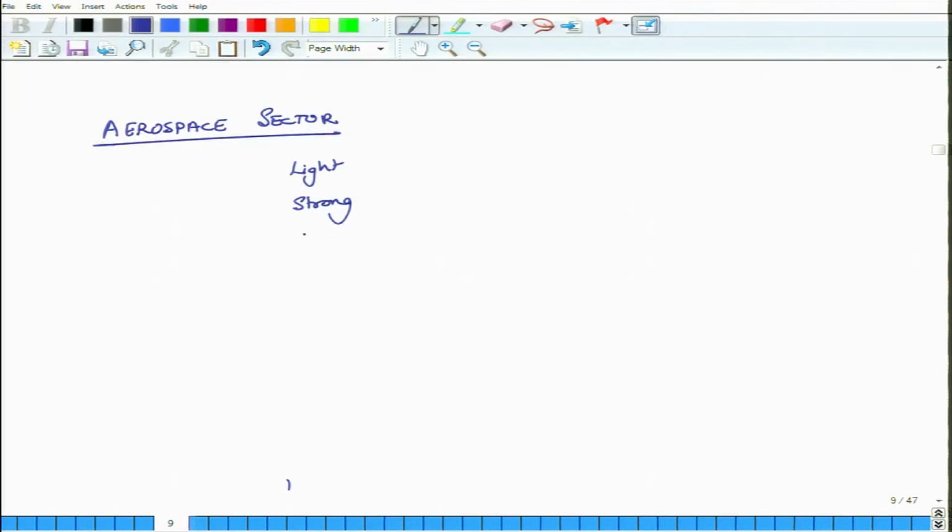A lot of times in aerospace you use these to provide temperature resistance. Then you have places where you want to develop smart structures, and we will give examples of some of these cases. And then of course wear resistance.